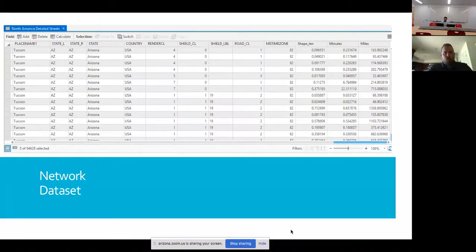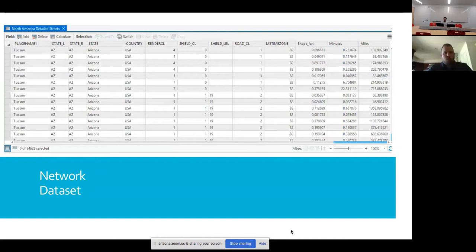Here's a screenshot of the attribute table to give you an idea of what it looked like as soon as I exported the data that I needed for this project. I had to create 3 additional fields. The first step was to examine the attribute table to see if it contained speed and length fields, which are required to run the network analysis.